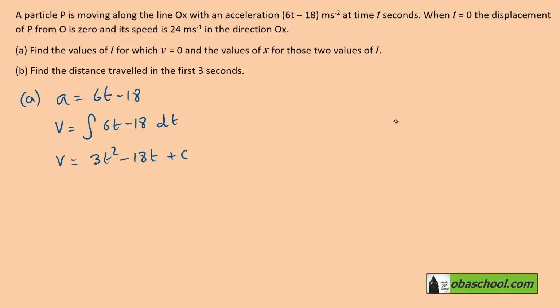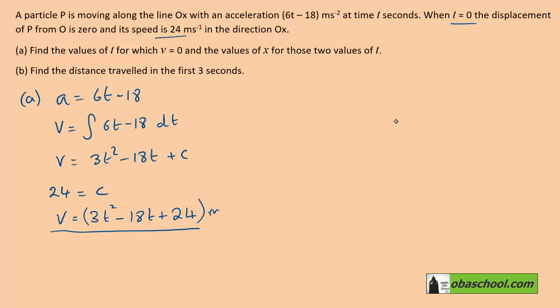Now we know at t equals 0 that v is 24. So we get 24 equals c. So v is going to be 3t squared minus 18t plus 24, and that's in meters per second.